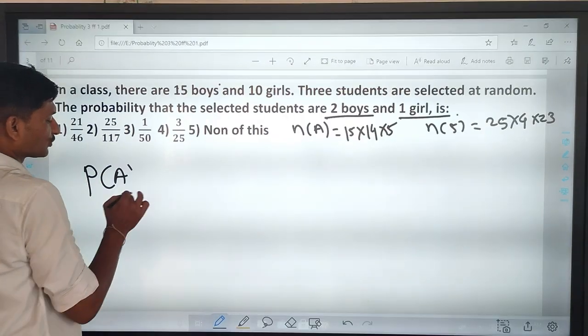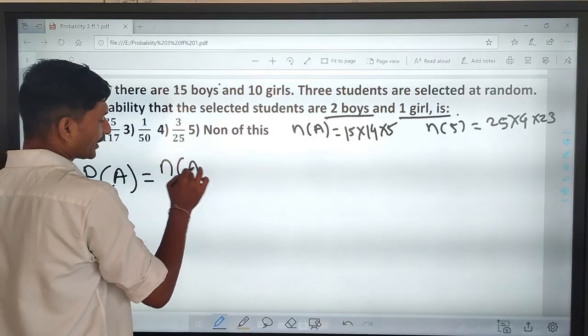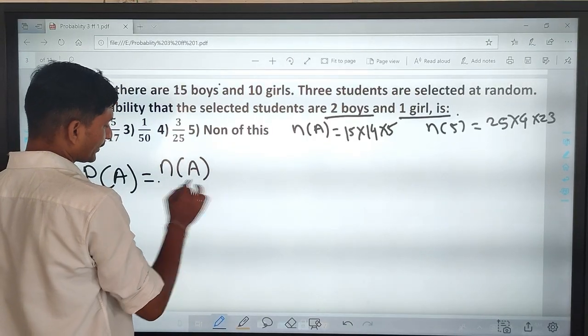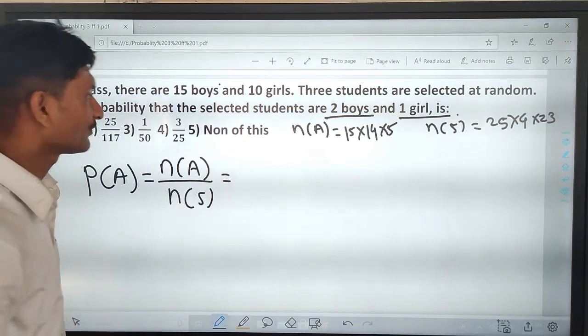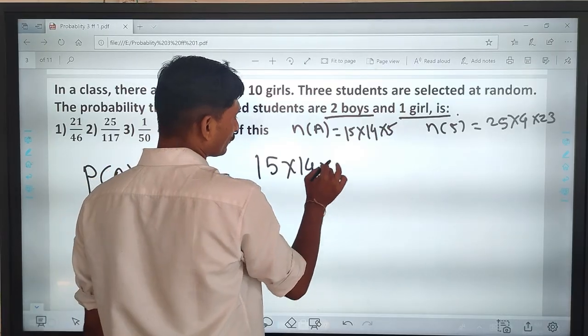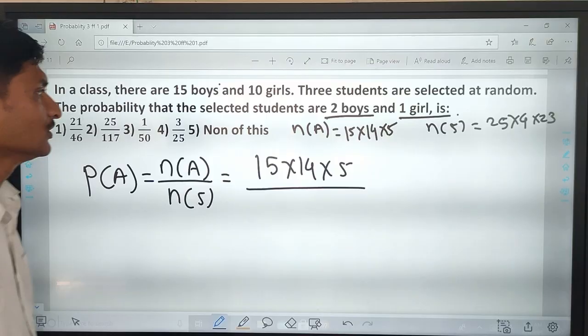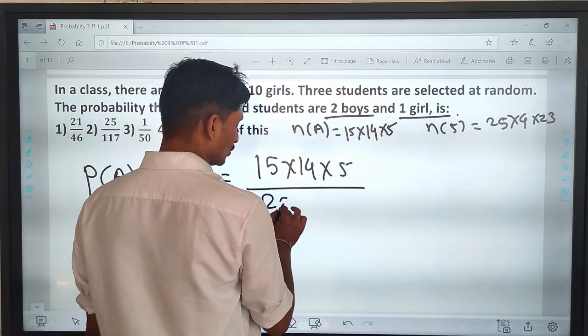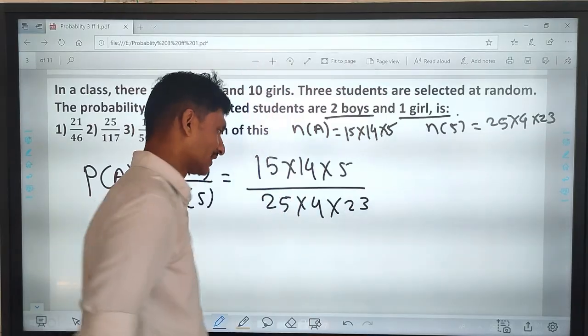Here P of A is equal to n of A divided by n of S. Then n of A is equal to 15 into 14 into 5. n of S is equal to 25 into 4 into 23.